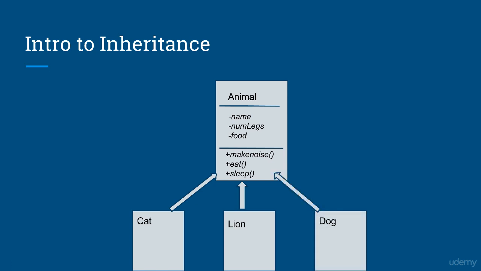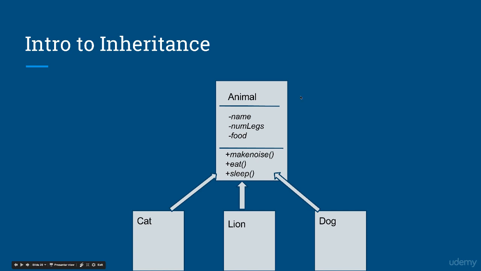We can create a dog class, which is also a type of animal, right? So the idea here is that we created a bigger blueprint, or a parent class called animal, with all the properties and all the methods or behaviors. And then we were able to borrow all of these properties and behaviors to create our new specific classes.